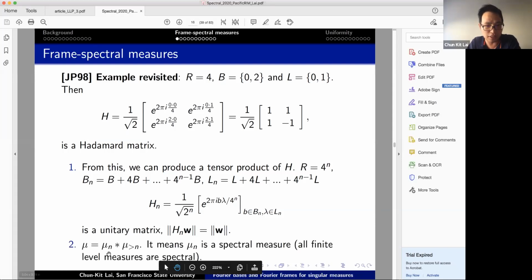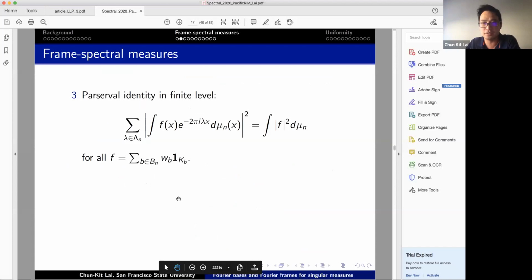So the first n levels of convolution are all spectral measures. If you write the partial identity, you are summing over 4 to the power n elements, and the nth level discrete measures have the partial identity, and it works for the characteristic function.